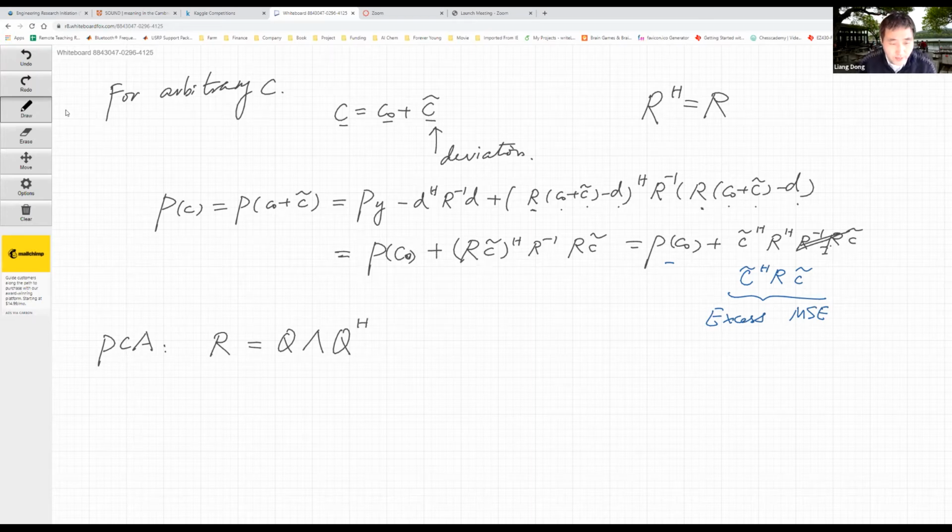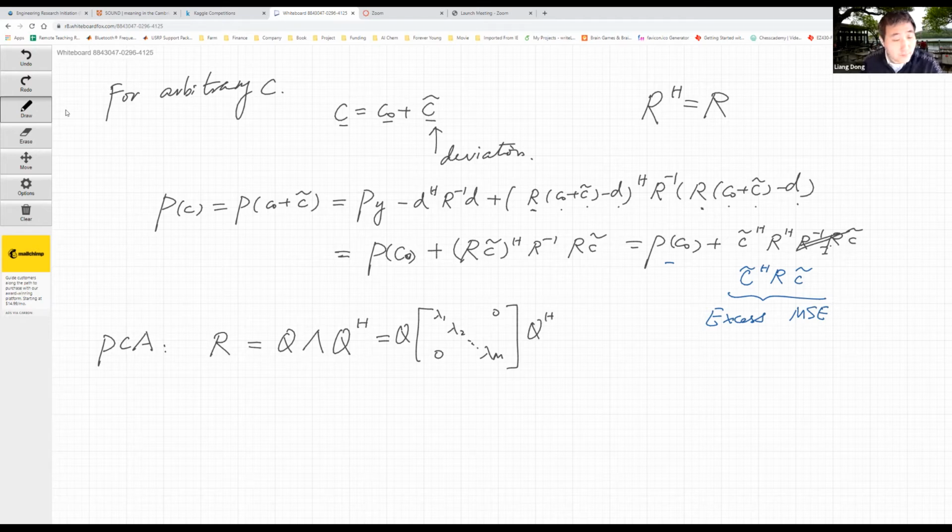We know we can do that with the lambdas being all real numbers. Actually, they are positive real numbers because R is positive definite. Now, if R is positive semi-definite, all these lambdas, all the way to lambda M, are non-negative real values.